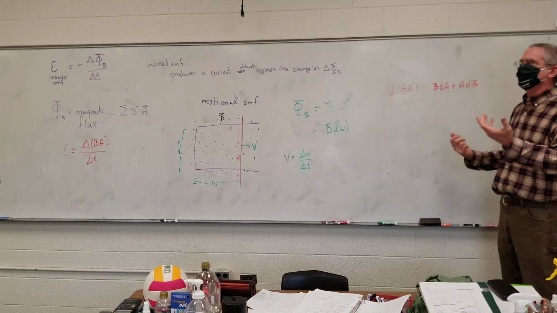It is. Yeah. I don't know. Because there's a problem I've had before where I've had changing magnetic field and changing area. And I can't remember if I did it for 152 or if that was a 252 problem.